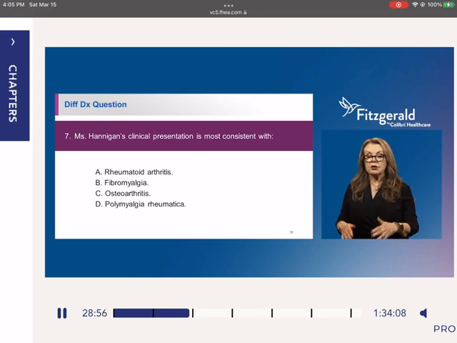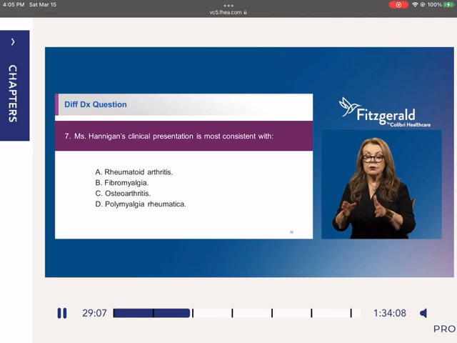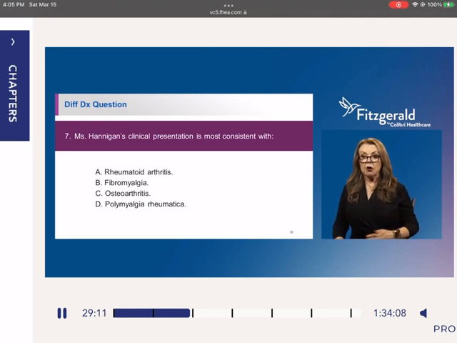Now what we have to do is say, okay, we've got an older woman. I will tell you, women, a lot more RA than men, right? So that's a possibility. Untreated RA can cause anemia of chronic disease because of the body-wide inflammation.